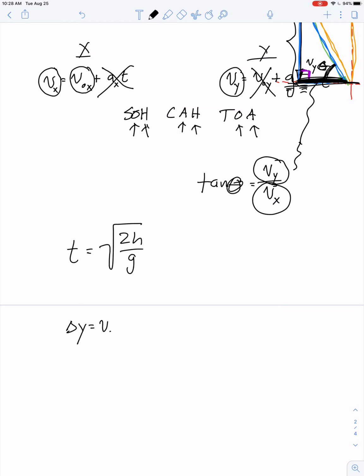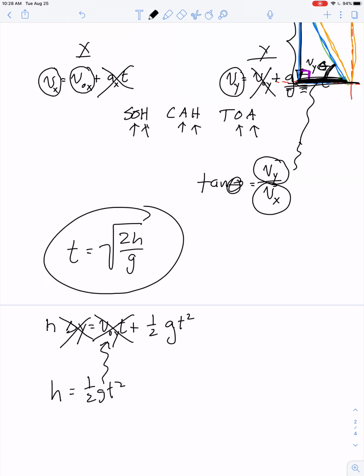Delta y equals v initial in the y direction times time plus 1/2 a t squared, and we change the a to g. But even though there's an initial velocity, it's only horizontal. There is 0 vertical initial velocity. And we're changing our terminology from delta y into h. So if h equals 1/2 g t squared, it's pretty easy to show that t is the square root of 2h over g.